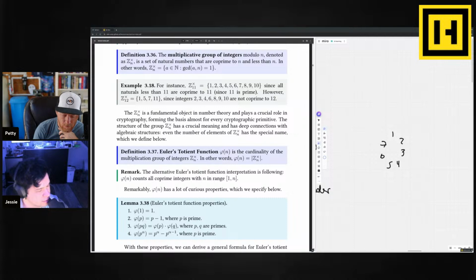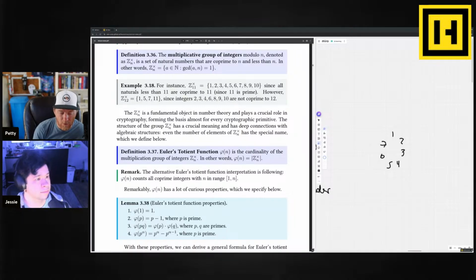Cardinality. Okay. So what is cardinality? Cardinality usually denotes an order of something. Okay, that's why it's the absolute value. It's like increased complexity, like dimensionality would be kind of like a cardinality.